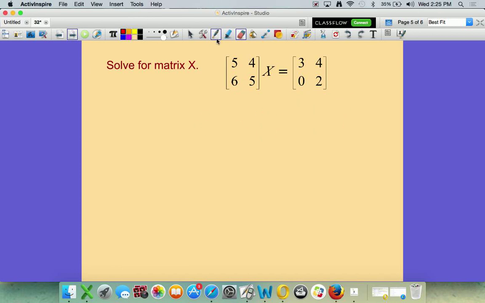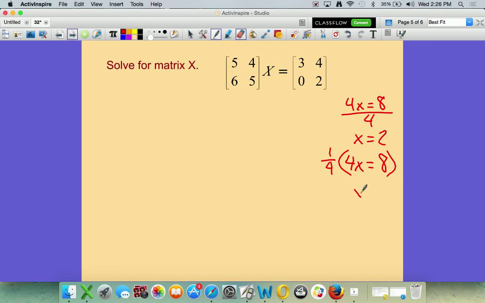And dividing matrices, it's the same thing as multiplying by the reciprocal. If we had 4x equals 8, what you would do is you would divide both sides by 4, x equals 2. But you could also say, well, I don't want to divide this time. Say instead I multiply both sides by 1/4.